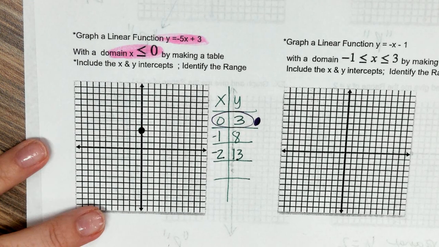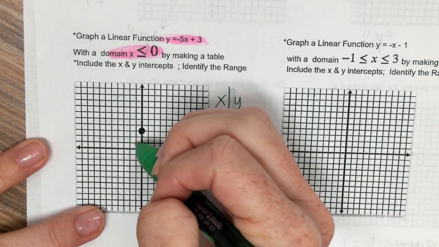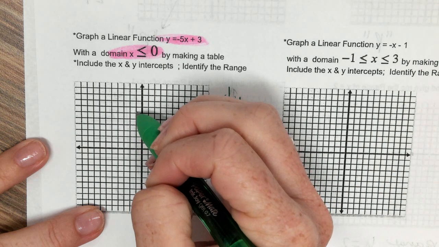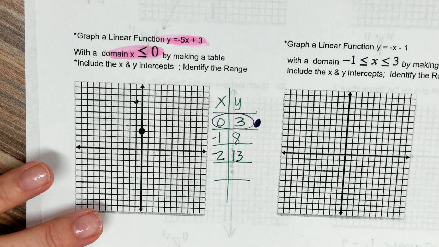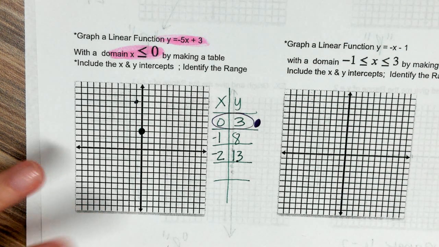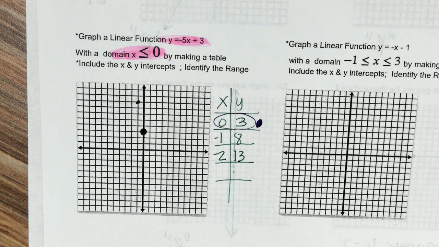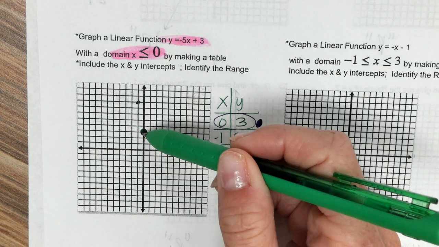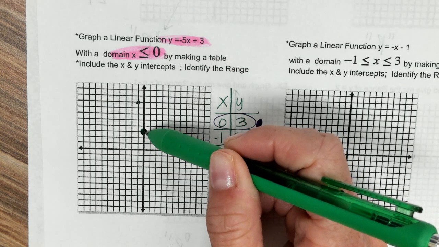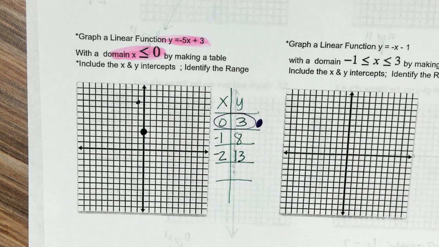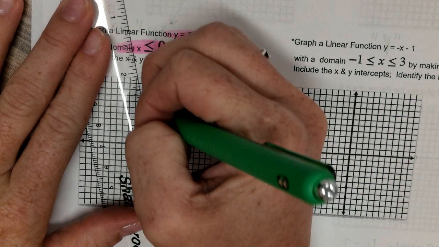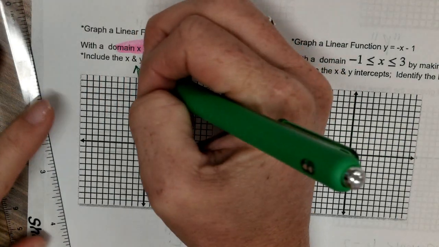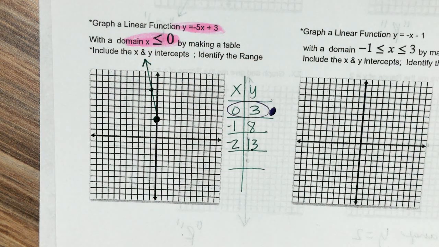Then go graph negative 1, 8. Will my other dot even fit? No, but I have 2 dots, I'm good. So now I'm going to connect them, but where does my ray start? Right here. And then my arrow goes to the other dot. Make sure you have that arrow going through.